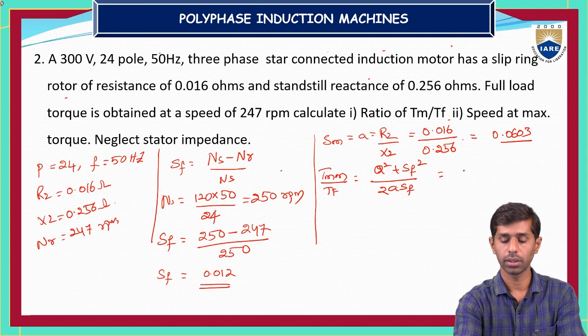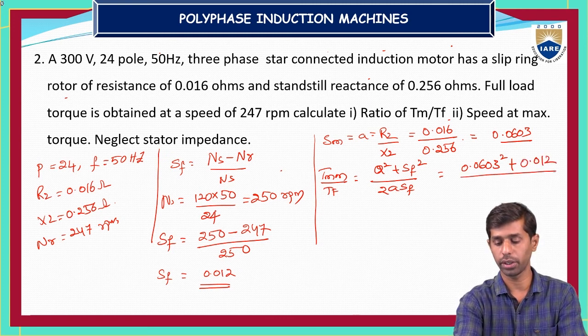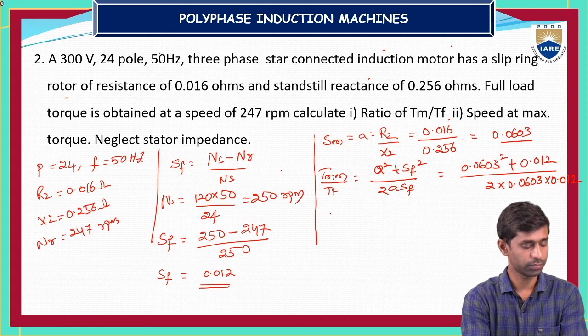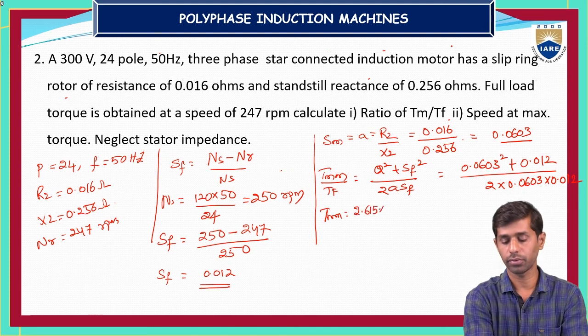So it is 0.0603 square plus the slip at full load condition 0.012 square, divided by 2 times 0.0603 into 0.012. Simplify this and you will get T maximum equal to 2.615 times the torque at full load condition.